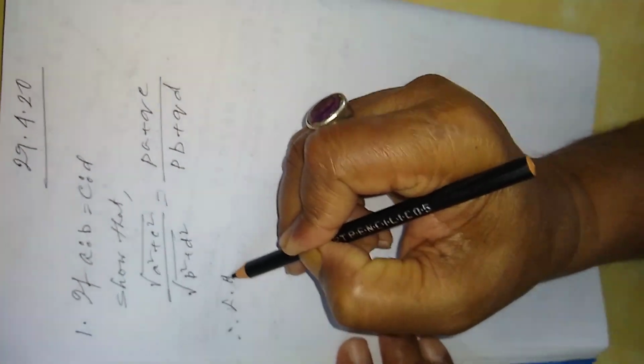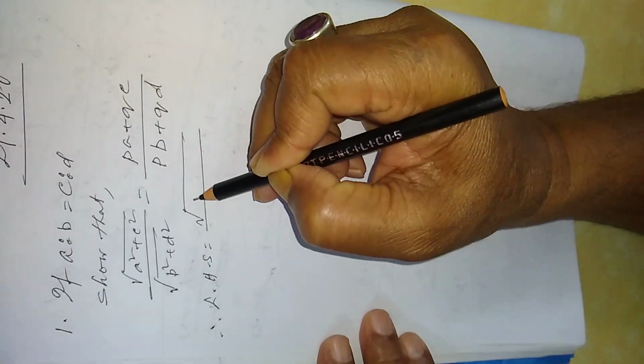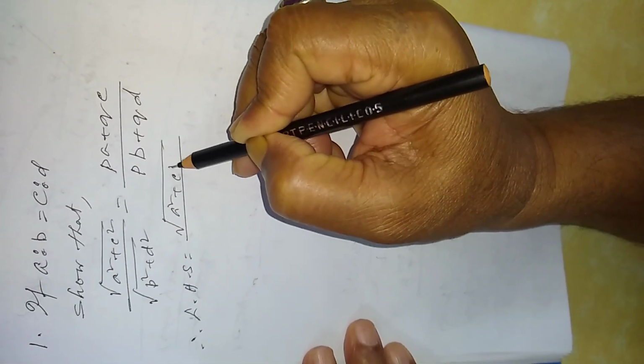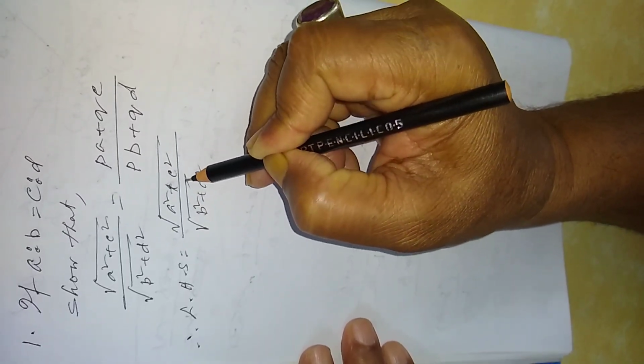Now left hand side is equal to root over A square plus C square divided by root over B square plus D square.